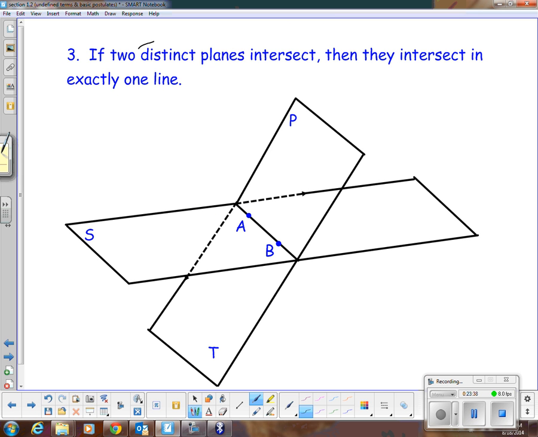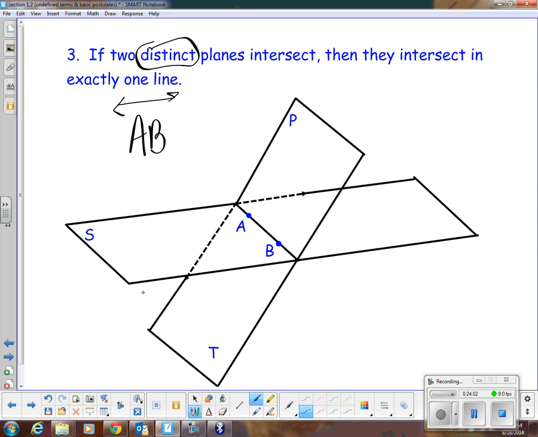If 2 distinct planes, again meaning different, not the same plane, intersect, then their intersection is exactly one line. So here is plane S, which is kind of horizontal, and plane P is kind of slanted. They intersect, and their intersection is line AB, right there.